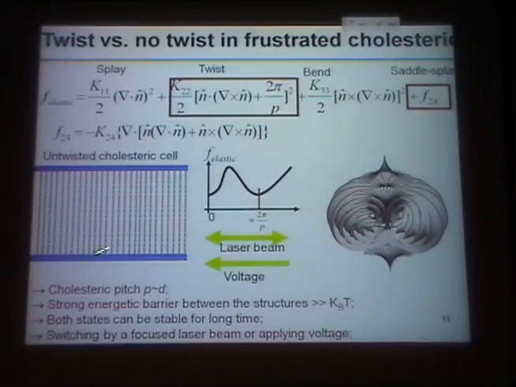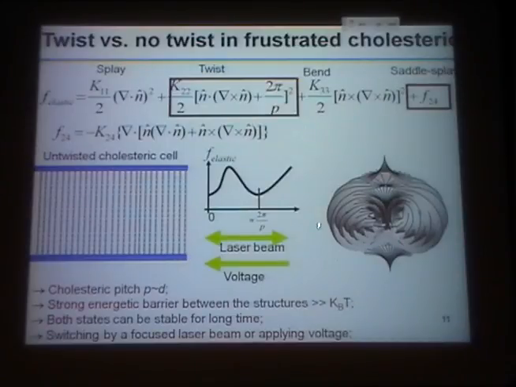And if we look at the two different configurations that we have, the uniform structure, which is frustrated cholesteric, where the boundary conditions prevent the director field from twisting, and this structure with a lot of twists, the double twist cylinder, but also topological defects, we understand that the different terms in this expression compete with each other, right?